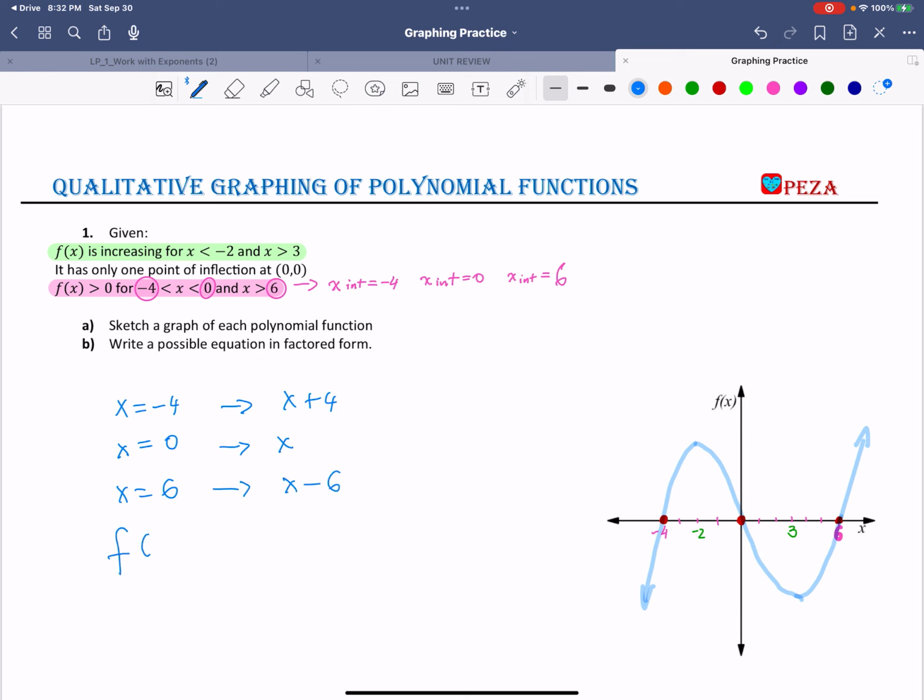The equation of a polynomial function with indicated zeros will be any member of the family. That's why we have the letter a in there, and then x plus 4, x, times x minus 6. So that is one possible equation.